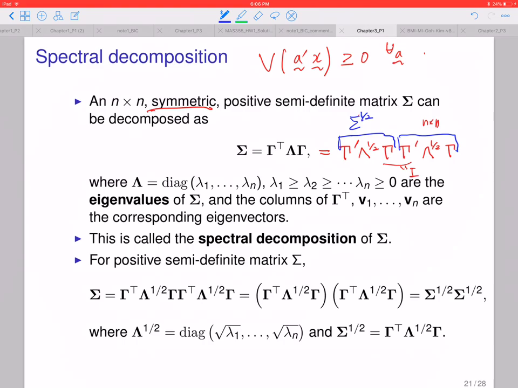The point is that from a given variance covariance matrix, you can always construct the square root of that covariance matrix using spectral decomposition.